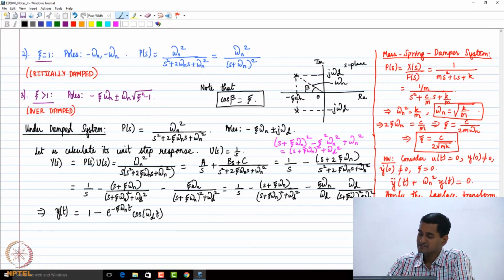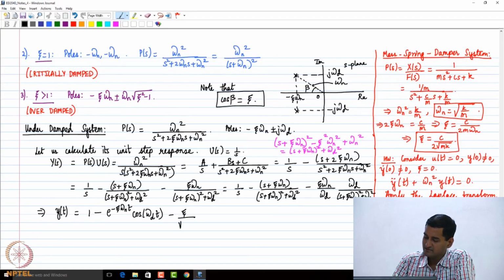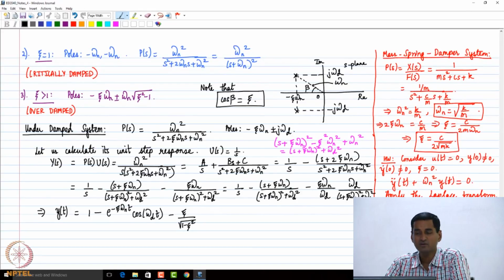And this term I can simplify as minus zeta divided by square root of 1 minus zeta square. I hope it's clear how zeta omega n divided by omega d got simplified like this, because omega d is omega n times square root of 1 minus zeta squared.